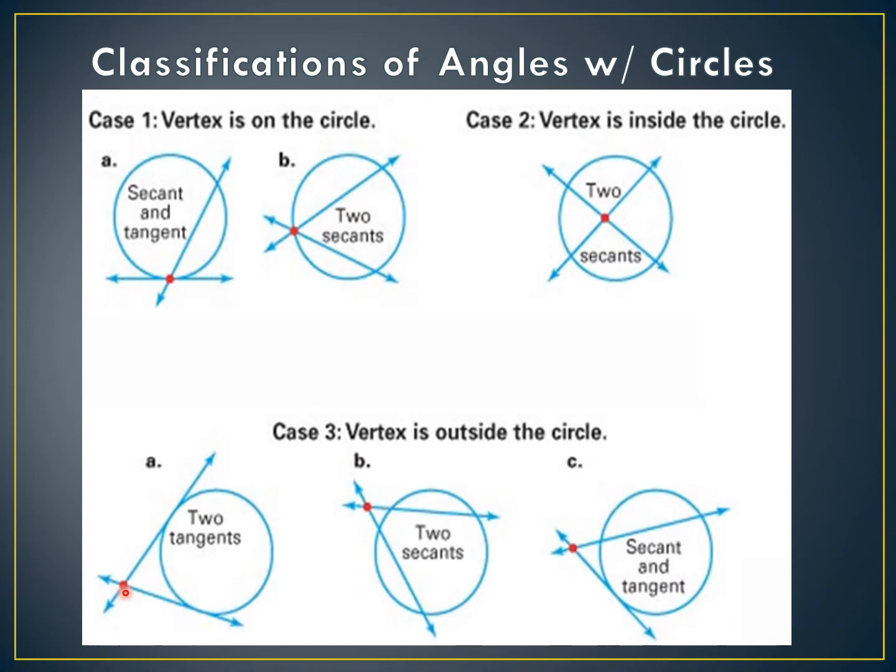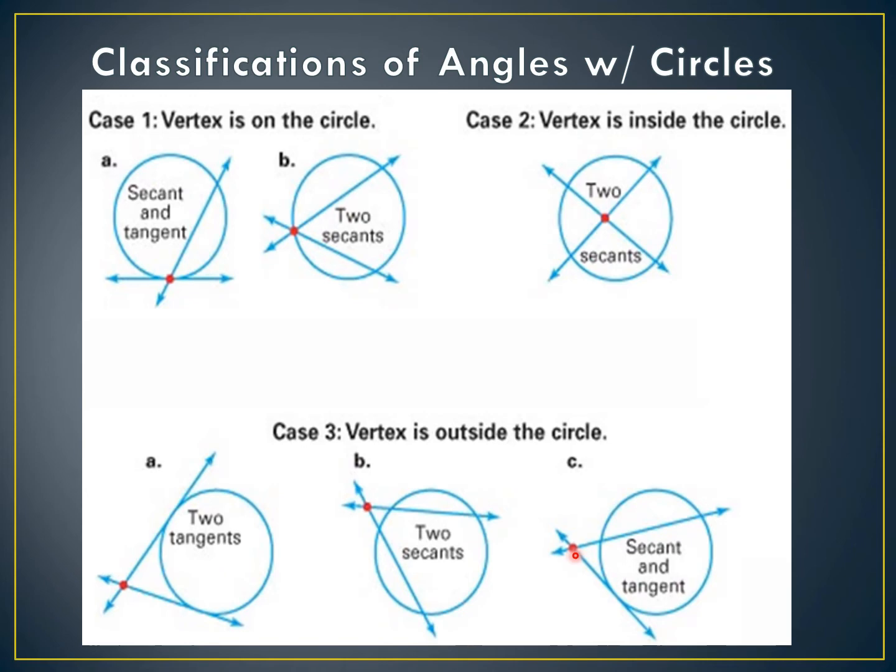So, yung vertex ng angle na na-form ay nasa labas. Sa case B naman, meron tayong 2 secant. Pero nag-intersect yung dalawang secant outside pa rin the circle. Yung vertex is outside the circle. And on the last figure, we have secant and tangent na nag-intersect din sa labas ng circle. Ito yung kanyang vertex at nakaka-create din ng angle.